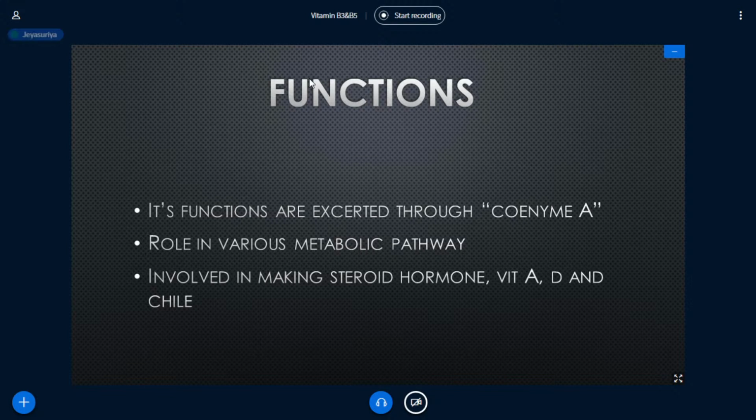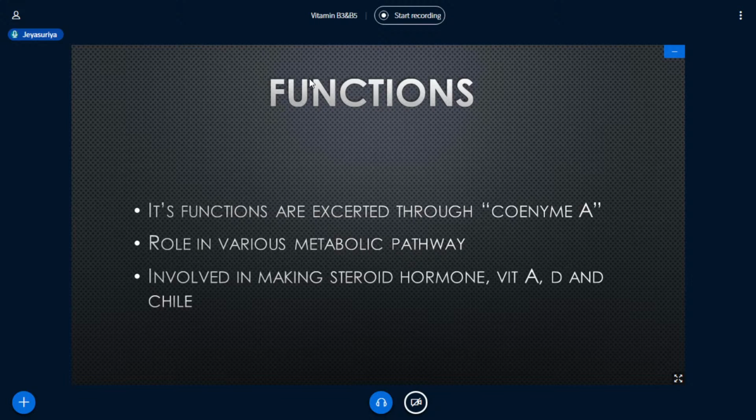As I mentioned, function. It is also involved in the making of steroid hormones. Vitamin B5 is also essential for fatty acid metabolism.